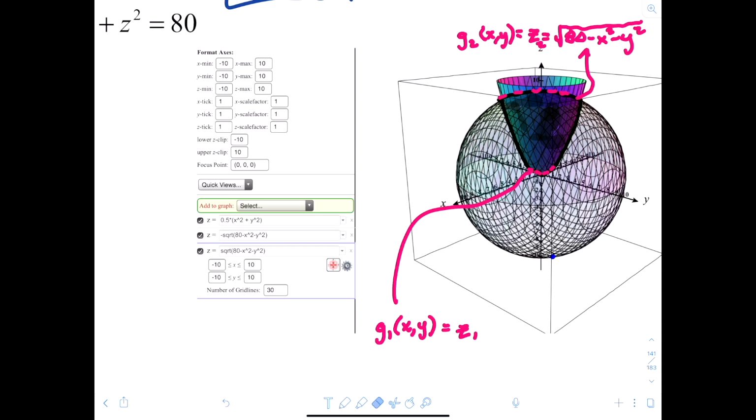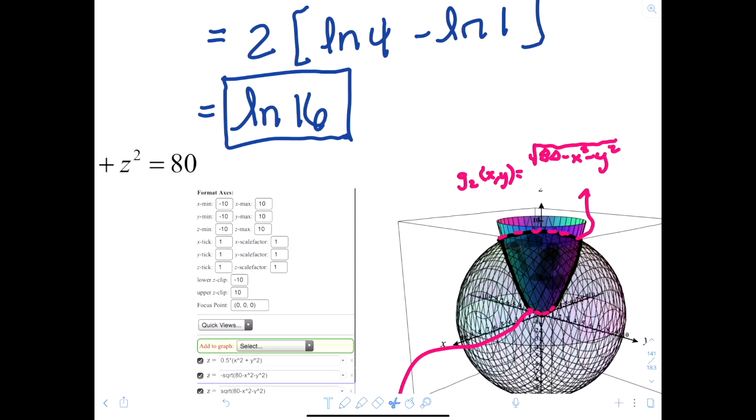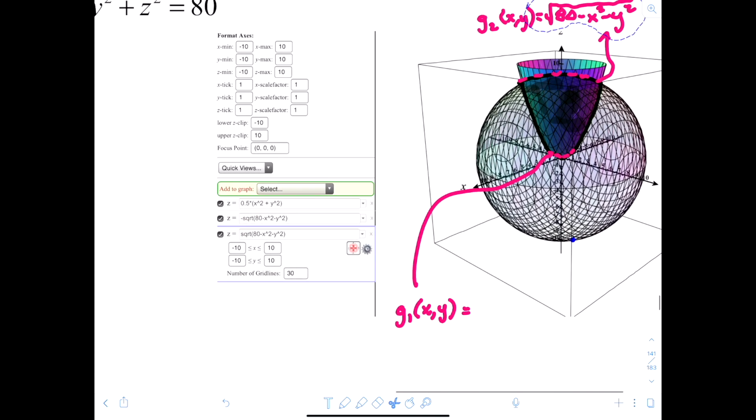Actually, let's just take the z's out of there, I think that's a lot less confusing. Okay. So our g1 of x and y is just 1/2 times x squared plus y squared. Cool? All right. Now, that's going to be our business for the dz part.